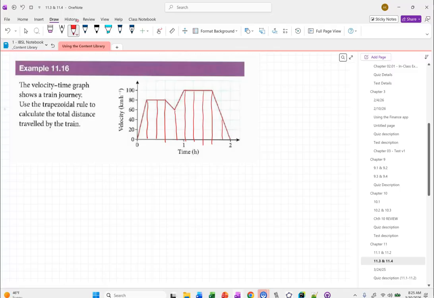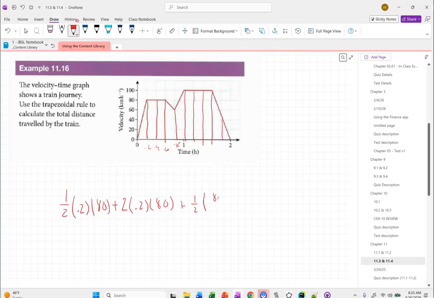So the first slice is just a triangle. So I have 1/2 base times height. The next 2 pieces are rectangles. The next piece is a trapezoid.